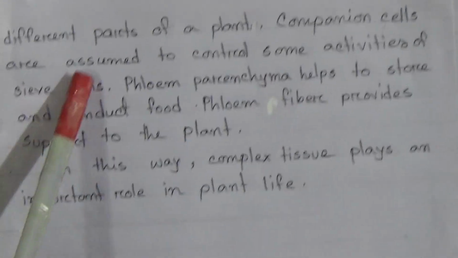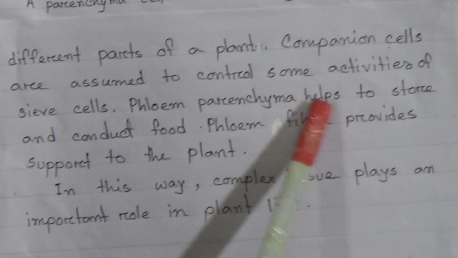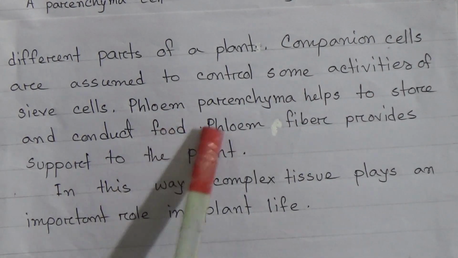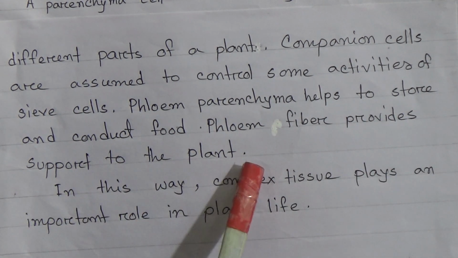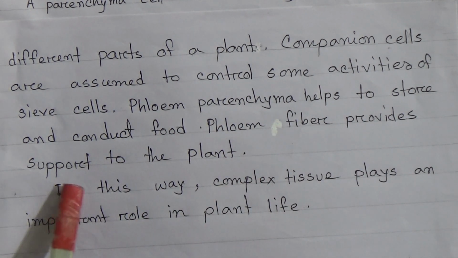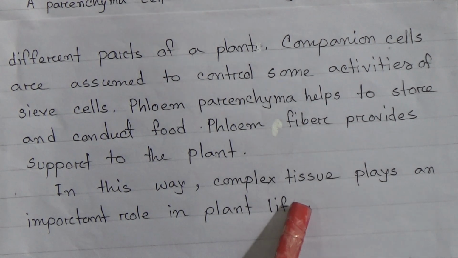Companion cells are assumed to control some activities of sieve cells. Phloem parenchyma helps to store and conduct food. Phloem fiber provides support to the plant. And this is the concluding line: in this way, complex tissue plays an important role in plant life.